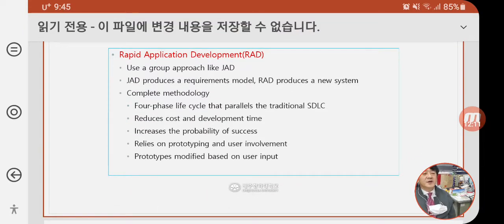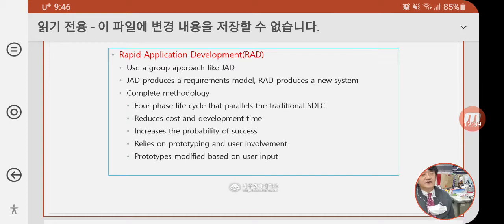Rapid application development, called RAD, uses a group approach like JAD. JAD produces a requirements model. RAD produces a new system. This is a complete methodology, a four-phase life cycle that parallels the traditional SDLC.